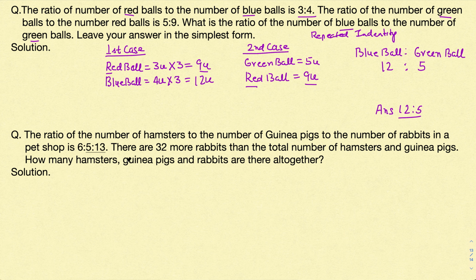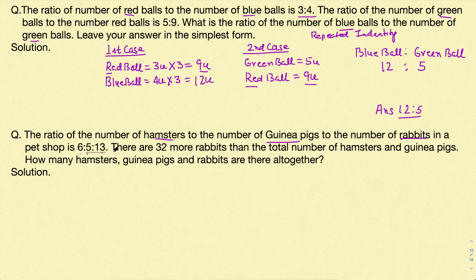Okay, so we have a pet shop, and in that the ratio of hamsters to guinea pigs to rabbits is 6:5:13. The point to note here is that the order in which the numbers appear in the ratio is the same order in which the pets' names appear.